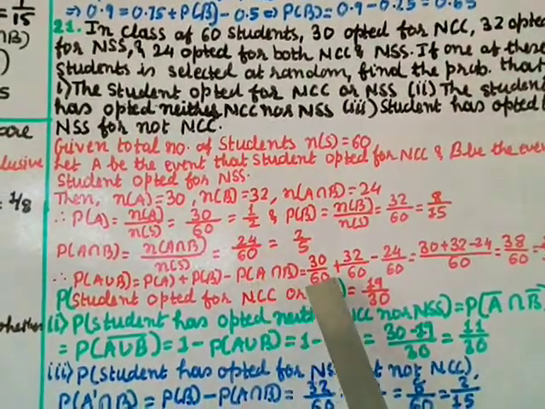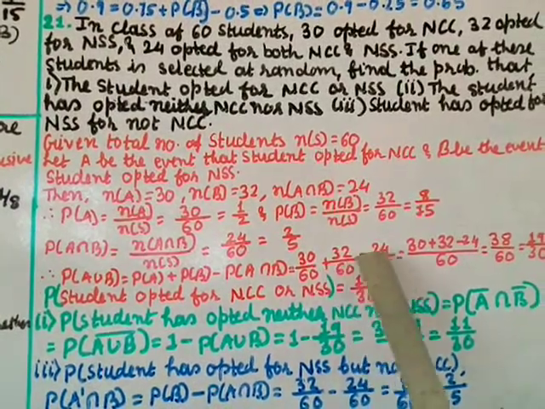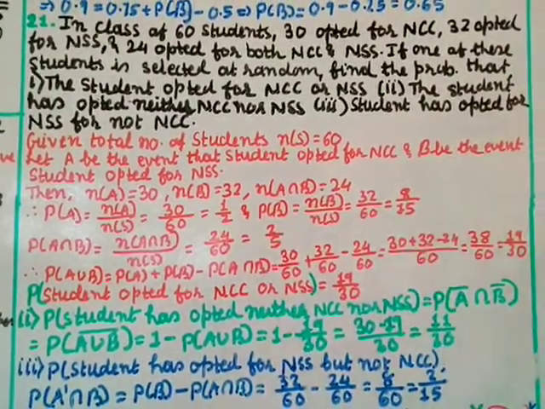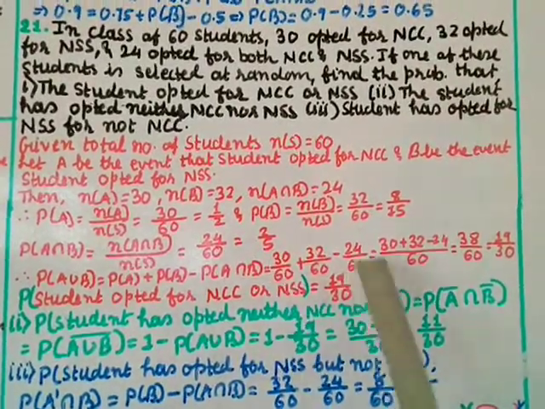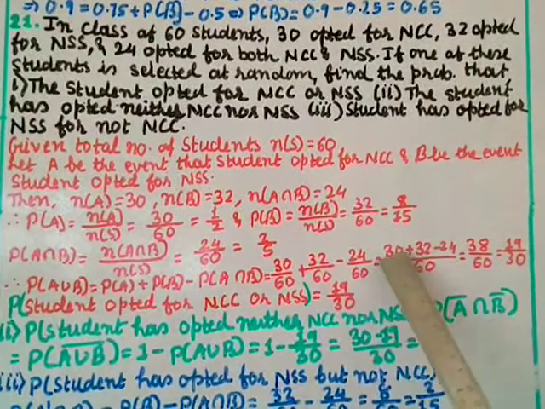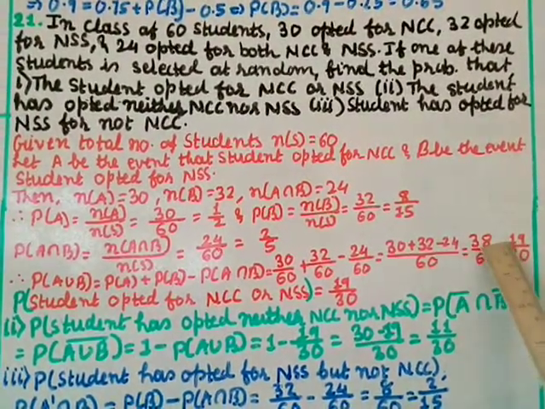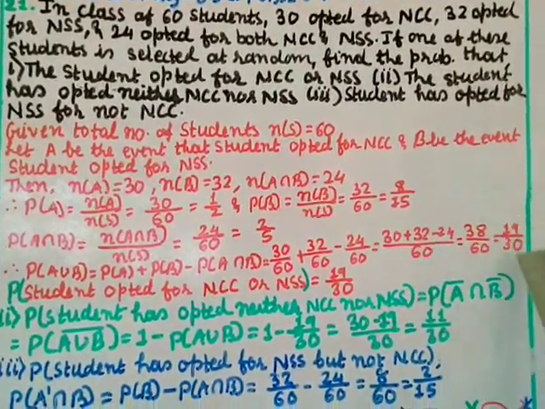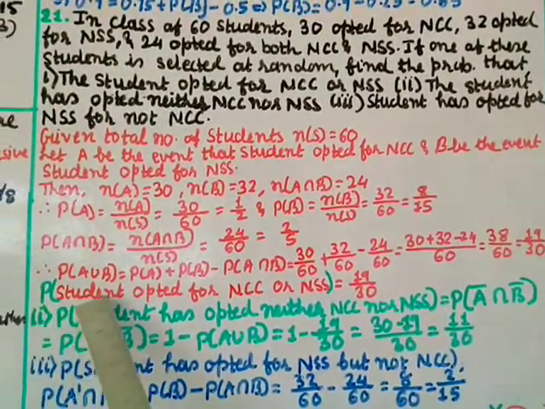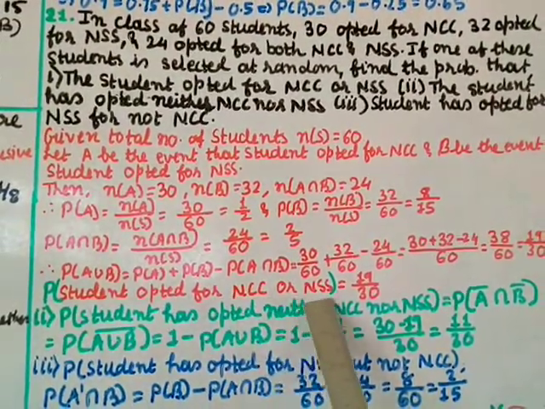So here 30 plus 32 minus 24 divided by 60. You can take the other value also, it will come, but you have to take the LCM. Here since the denominator is the same, directly you can add the numerator. So 30 plus 32 minus 24 gives 38 divided by 60, cut by 2, so you get here 19 by 30. Therefore, P of student opted for NCC or NSS equal to 19 by 30.